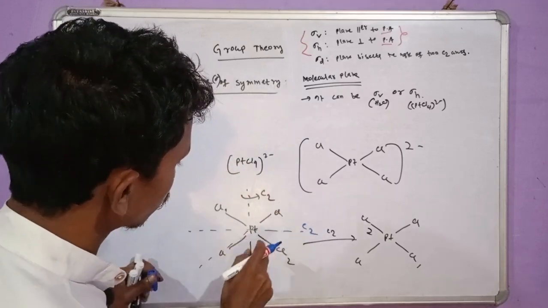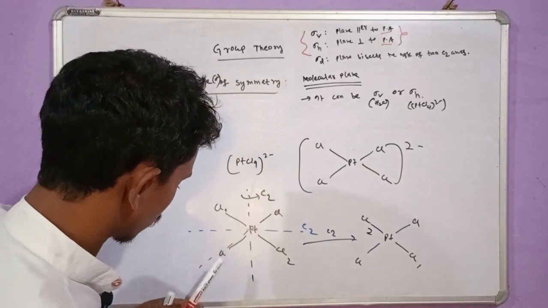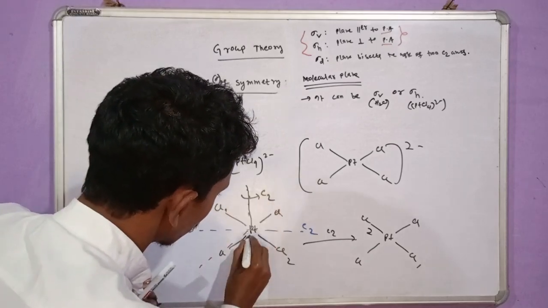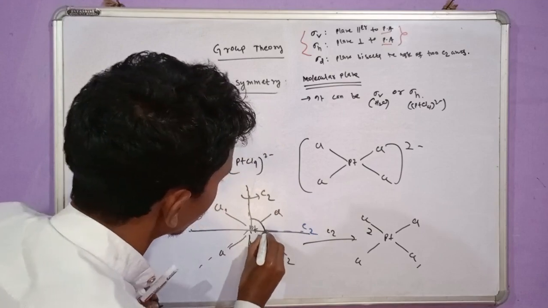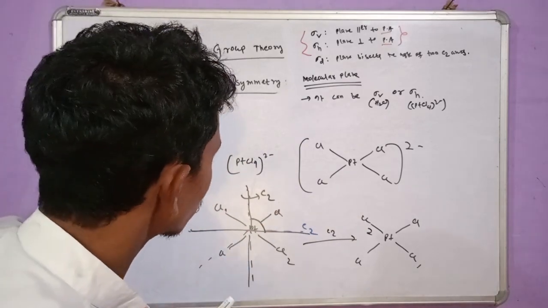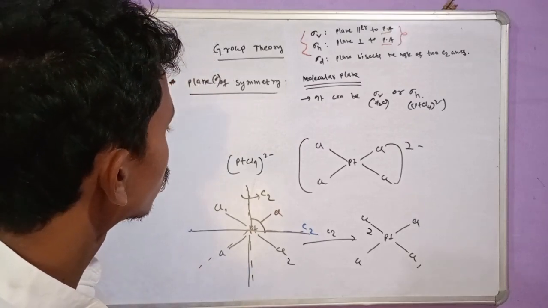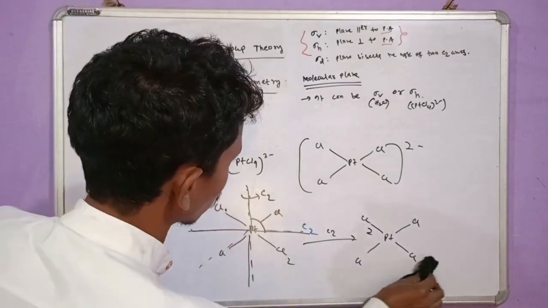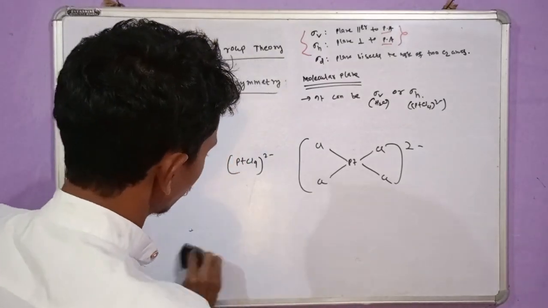This gets reflected, this gets reflected. So this is the angle, and this angle is bisected by this axis. The other way is also fine, but first we will discuss what we have written in the definition.